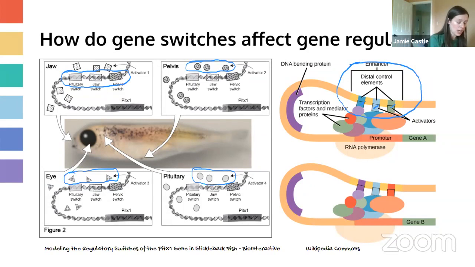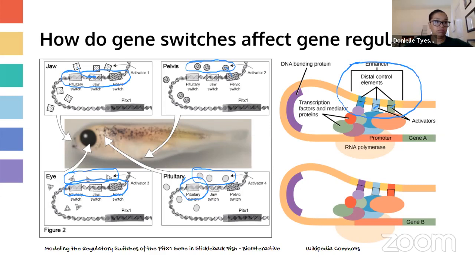So we see in the jaw, the switches match up to the jaw switch. In the pelvis, they match up to the pelvic switch. In the eye, they don't match up to any of the existing switches. But then in the pituitary, they match up to the pituitary switch. So whether or not a gene gets expressed is often a function of the availability of transcription factors that will bind to a switch to promote expression of that gene.